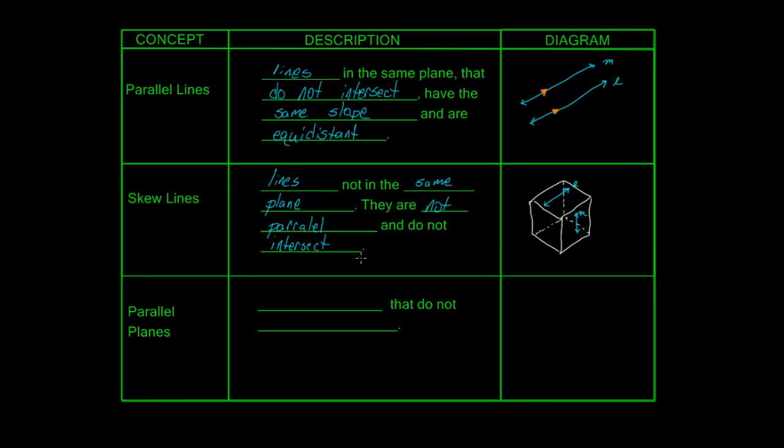Alright, so now parallel planes, excuse me, are obviously planes that do not intersect. If drawing these, I will redraw another one of these figures over here, or put an attempt to.